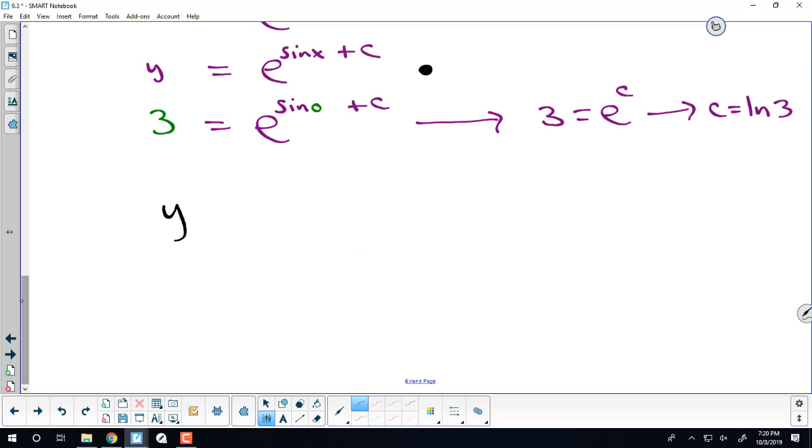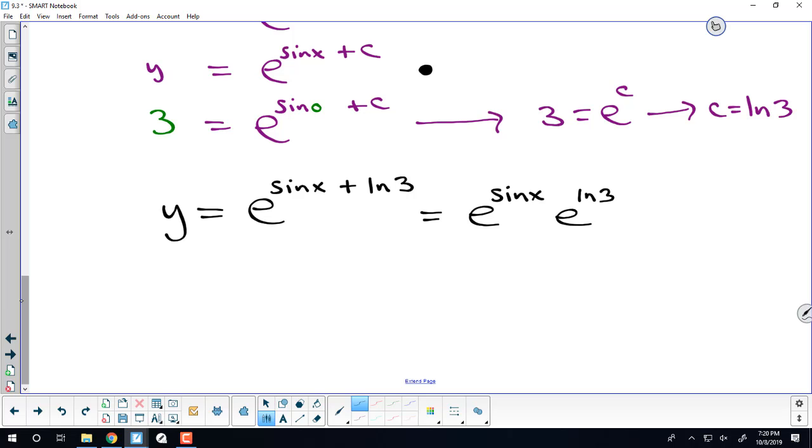So we have y equals e to the sine x plus ln 3, which, I mean, that's fine, I suppose. We could make it a little bit simpler, though, when you write it as e to the sine x times e to the ln of 3, which is just 3, so we have 3 e to the sine x.